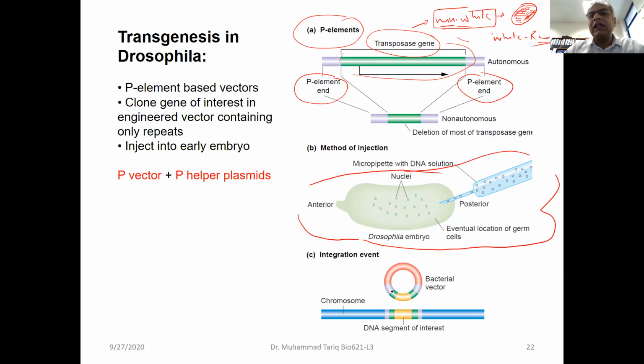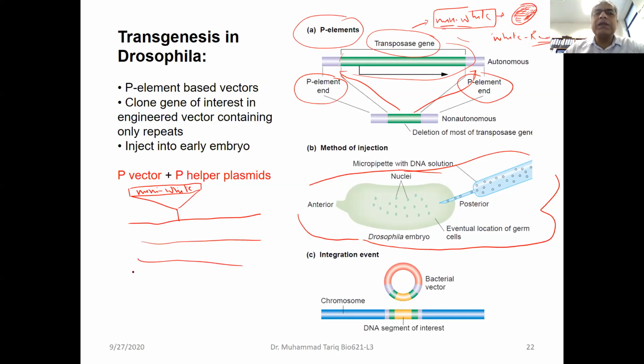What will happen, since it's transposase, the transposase will act on the left and right inverted repeat borders, and your gene of interest will go and integrate into the genome randomly. Let's say I'm showing it with mini-white as your gene. It can integrate here. It can integrate on any of the 4 chromosomes in the fruit fly.